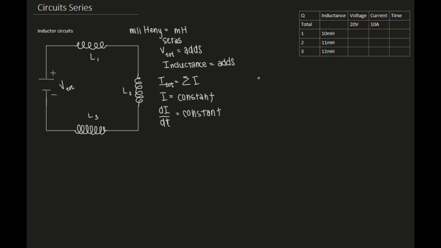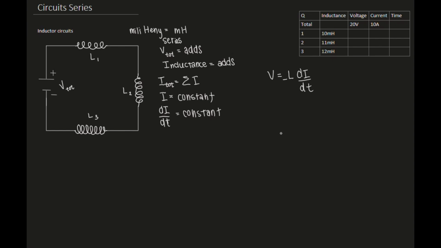So the few equations we're going to look at. The one specific for inductor circuits is that the voltage is equal to the inductance times the change in current with respect to time. Oftentimes you might have also seen a negative sign here. I'm going to represent this equation without the negative sign. All that negative sign is saying is in which direction the current is being stored.